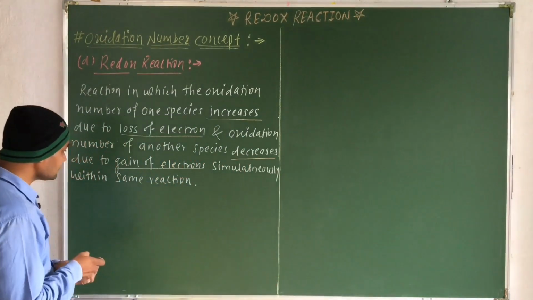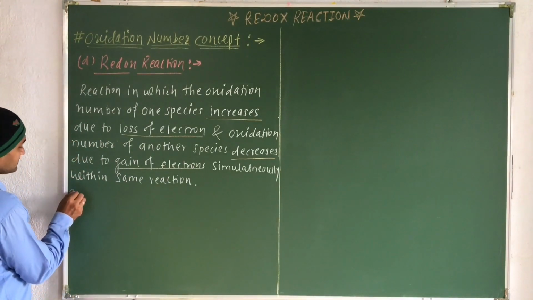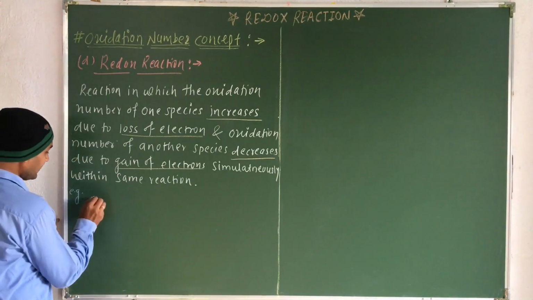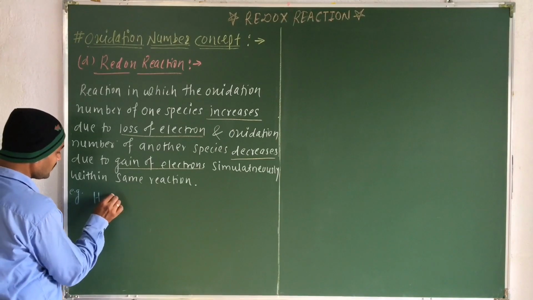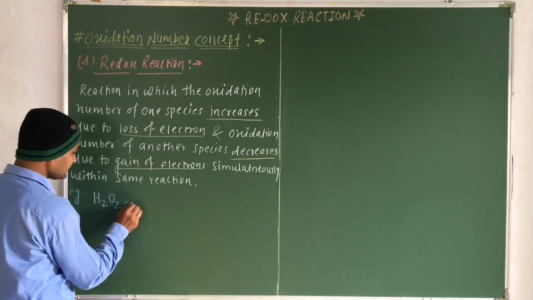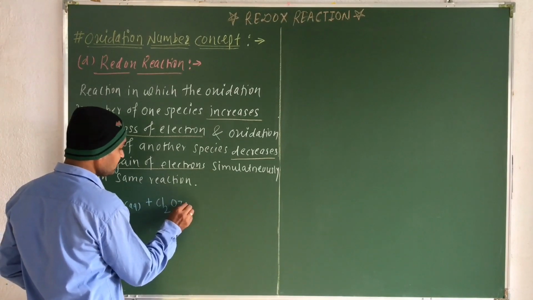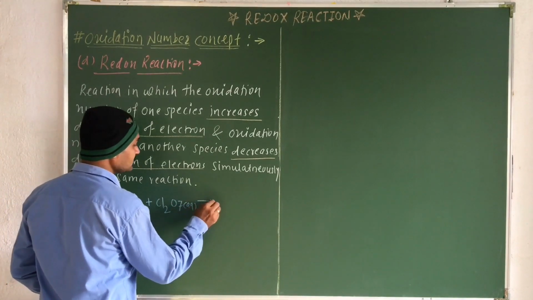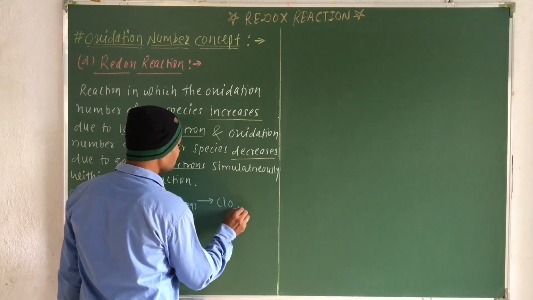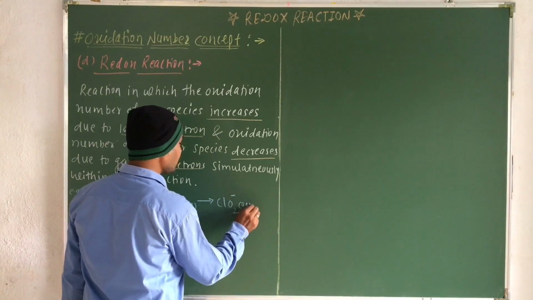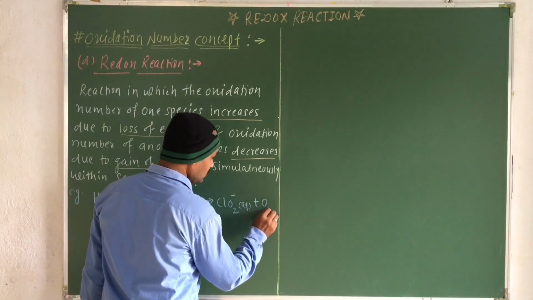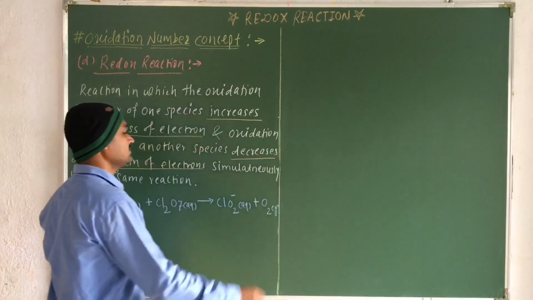Let us consider a simple example. For example, H2O2 aqueous plus Cl2O7 aqueous gives ClO2 minus aqueous plus O2 gaseous.